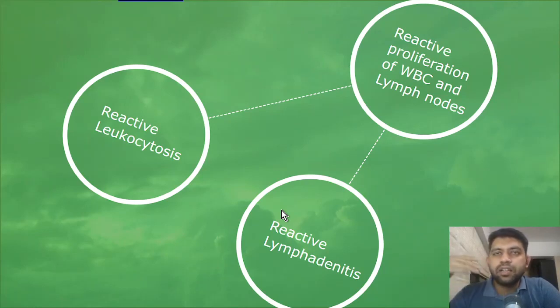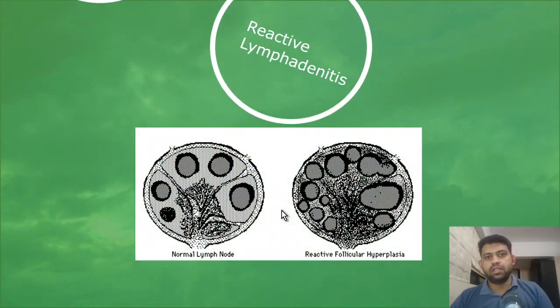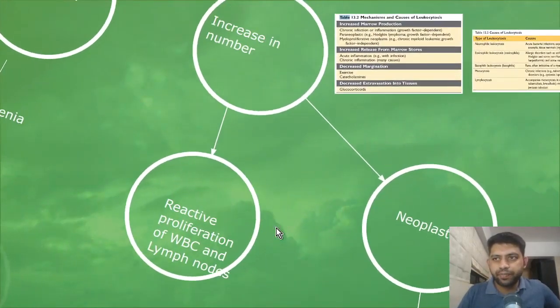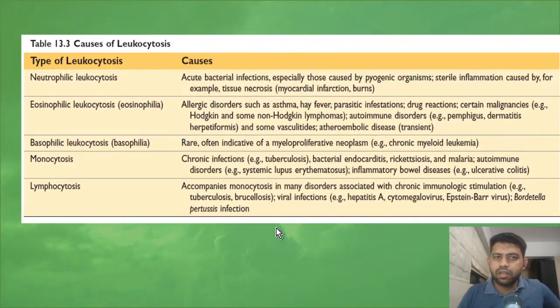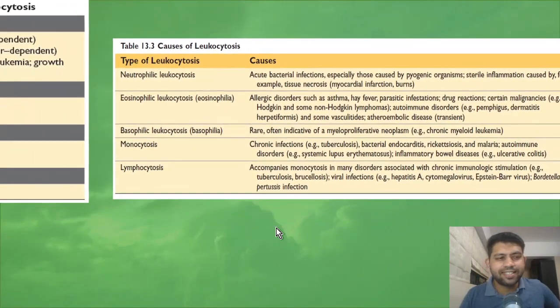They go from the bloodstream into the lymph node, from the lymph node to the bloodstream, and so on. So, reactive leukocytosis: we have seen many causes already in the previous slide. Except the malignant ones, all are causes of reactive leukocytosis: bacterial infection, allergy, chronic infections, etc.